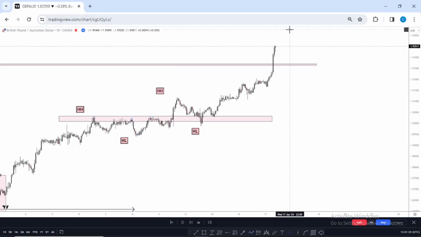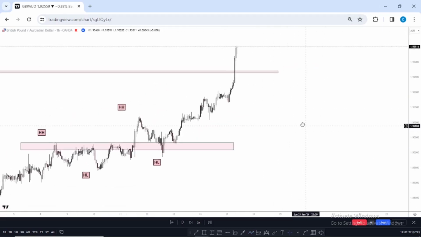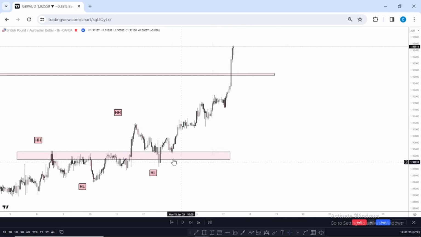So after we've identified our H1 market structure, now we are waiting for a confirmation after price retested this 4H key level, which is a resistance as a support, right? So what did price do? Price came up, came down, didn't retest. This wasn't the retest we needed.